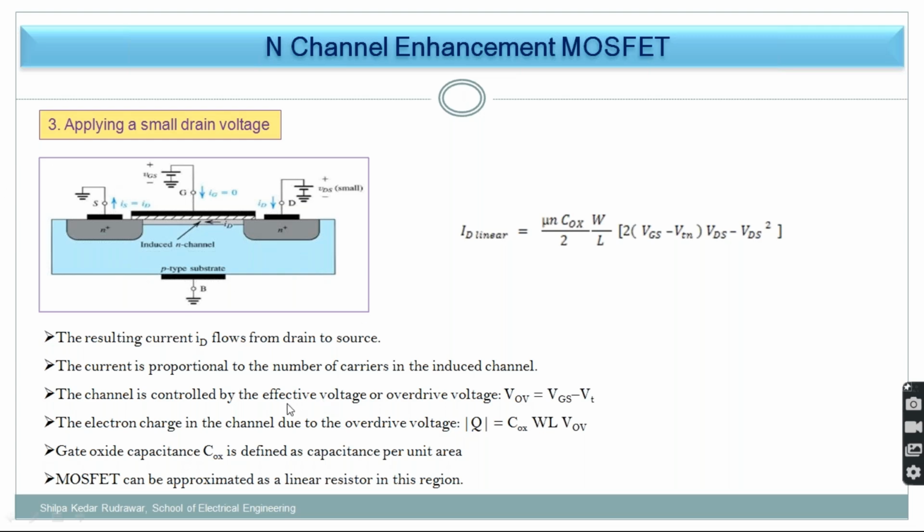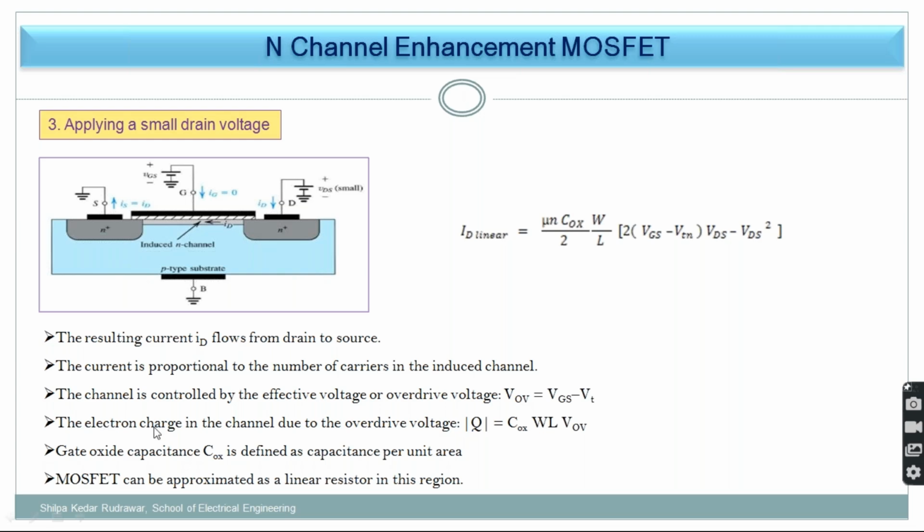So effective voltage is nothing but VGS minus VT. When you are giving VGS greater than VT, suppose it is 0.7, then after 0.7 there is a formation of the channel. Before that there is a forbidden gap, the depletion region. You need to overcome that. You already studied this in the PN junction concept.